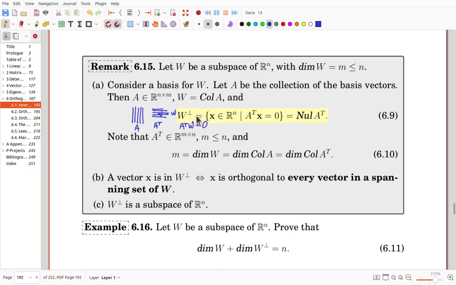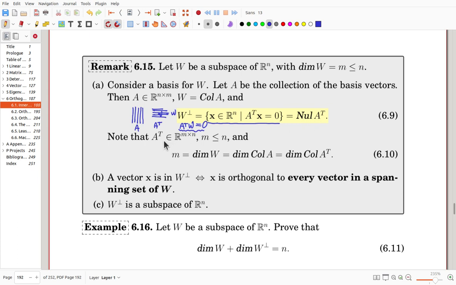So we can say that W perp is the collection of vectors X in Rn such that A transpose X equals 0. But this set is the same as the null space of A transpose.